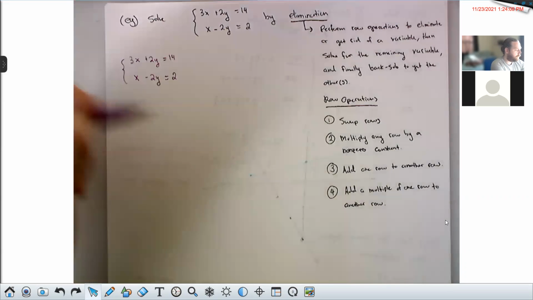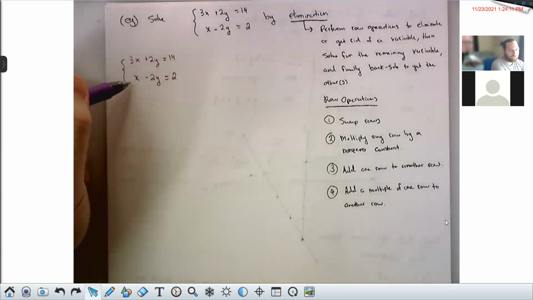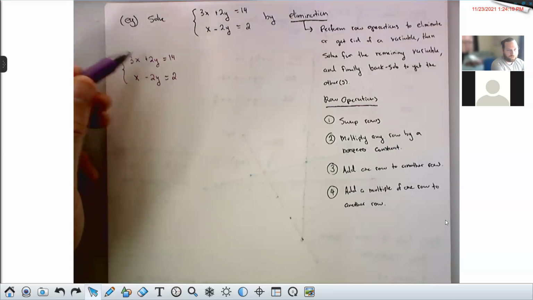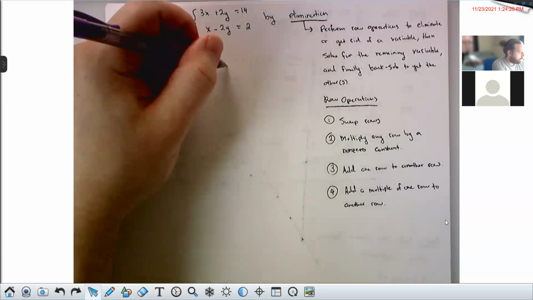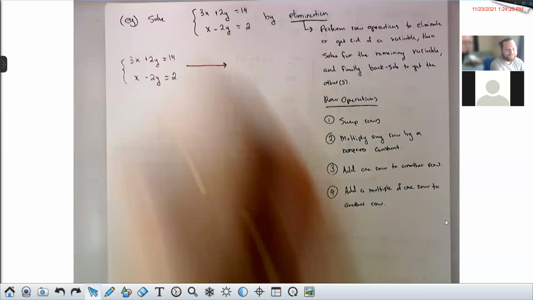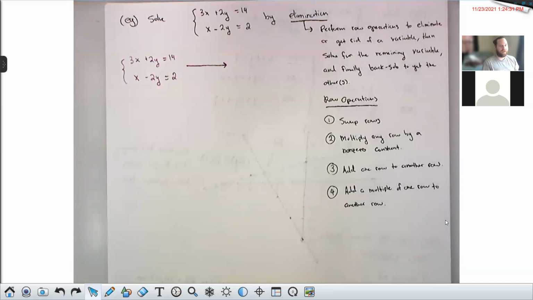I could multiply through row 2 by -3, right? Because then I'd have a positive 3x here and a negative 3x here. And if I did that and then added the rows, the x's would go away, right? Let's try that. There's no harm in doing that. Actually, y already would go away because it's 2 and -2, right? Good, yeah. So we realize the y's are actually already in a good position to eliminate.